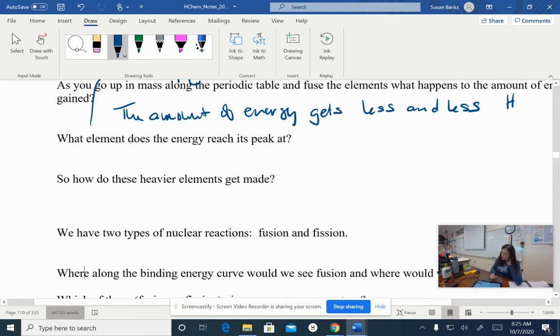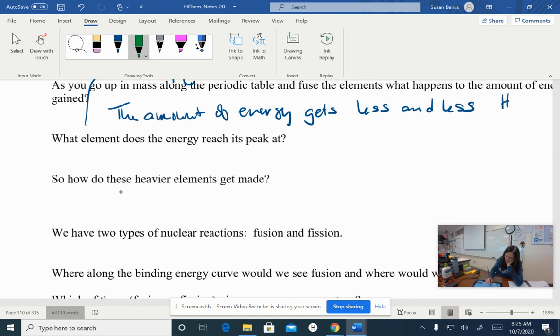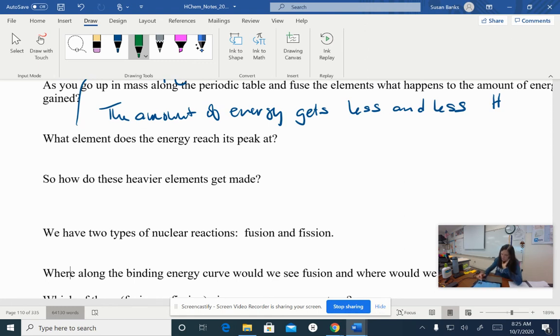So how many of you guys have heard of supernovas? Supernovas are how we get these stars that implode and they become supernovas. And there's so much energy as the shock wave goes through that imploding star. It implodes and then it pushes back out.